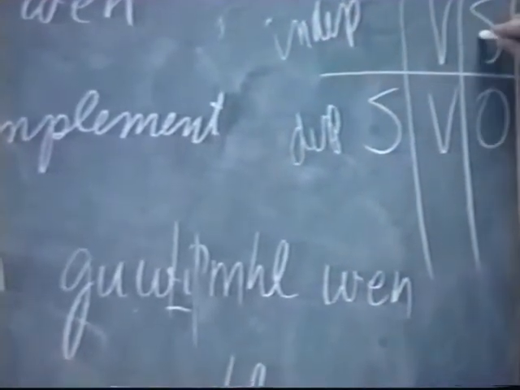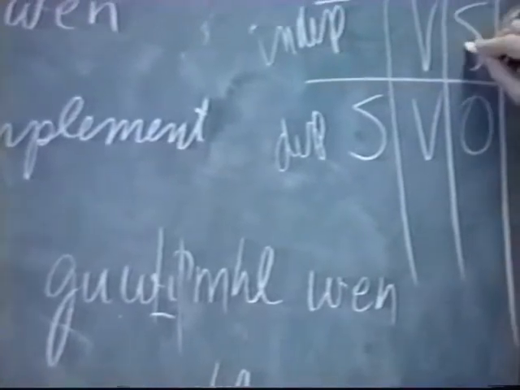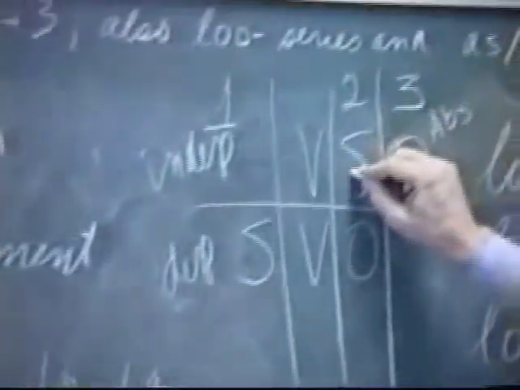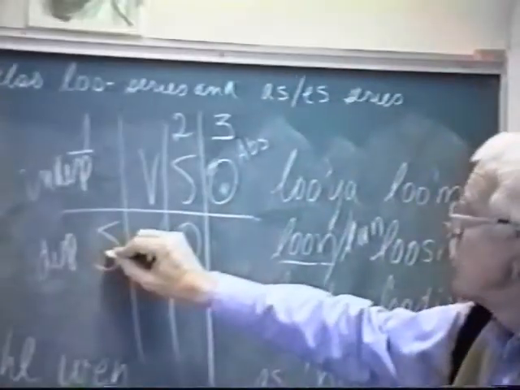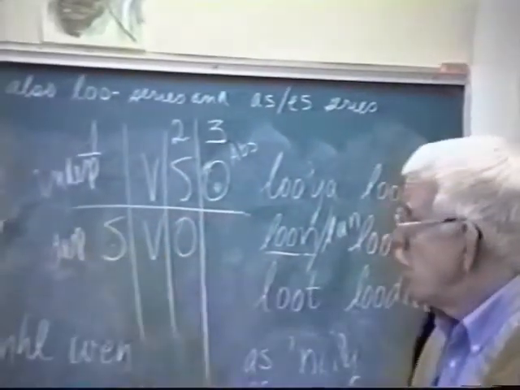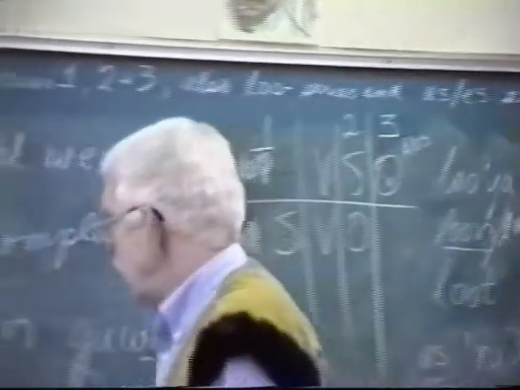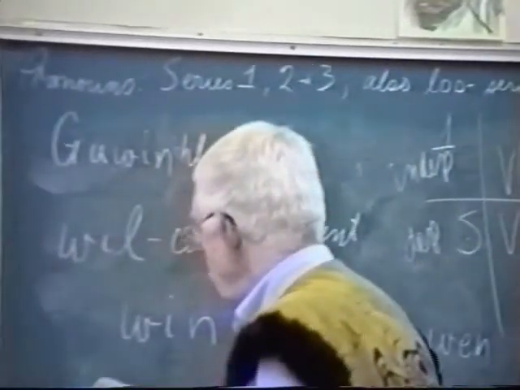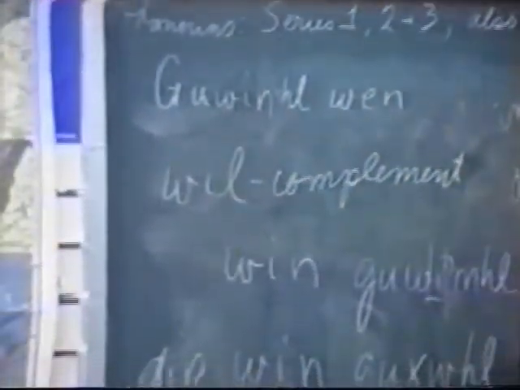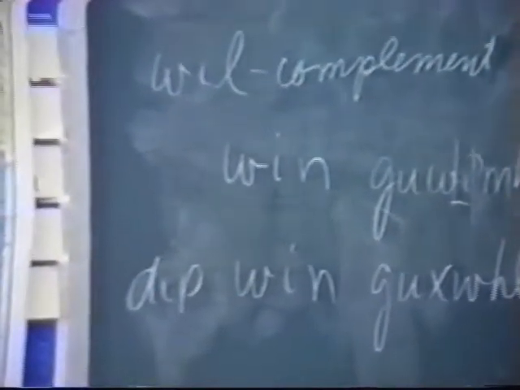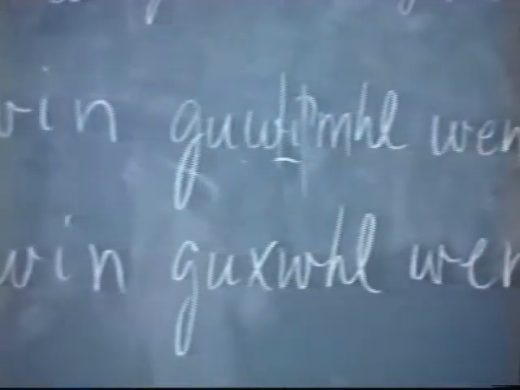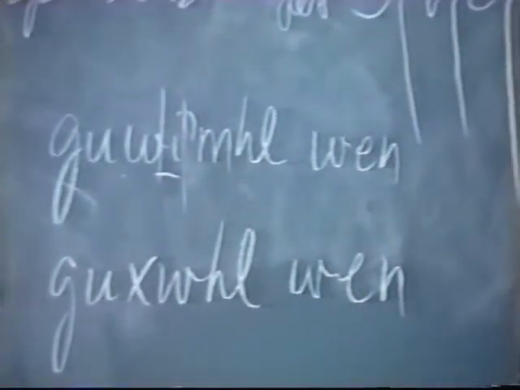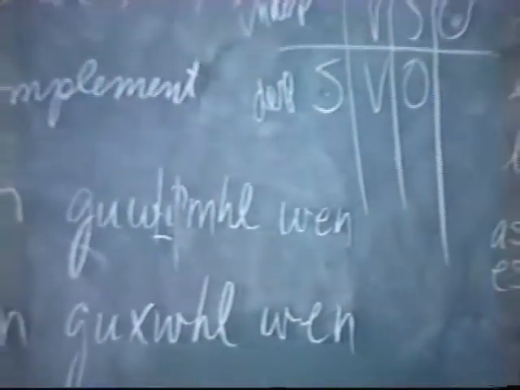You have to move from the hard M, the we series 2 pronoun, to a series 1 pronoun, and the series 1 pronoun for we there is dip. Dip when guch when. You could put it the other way too. When dip.